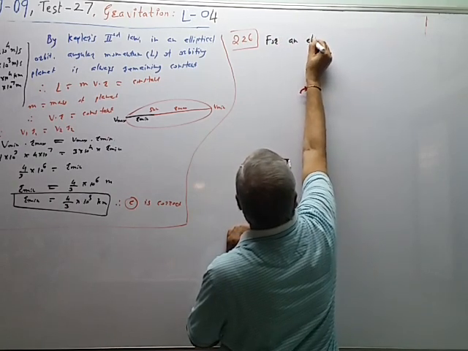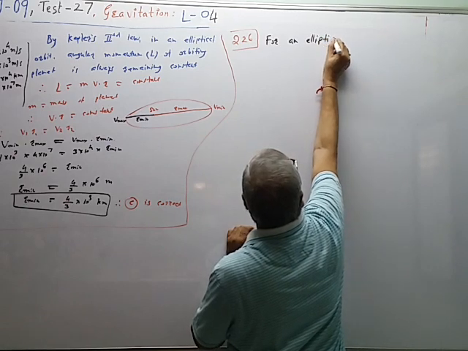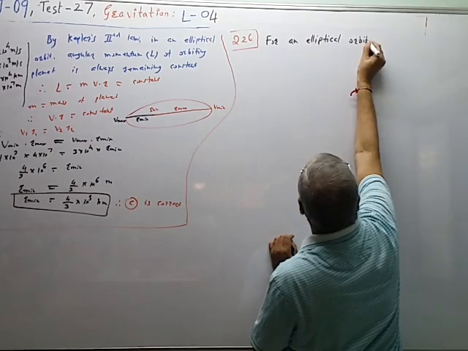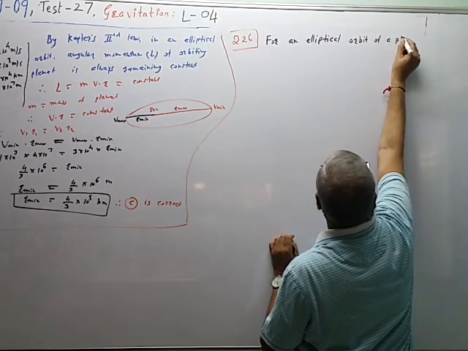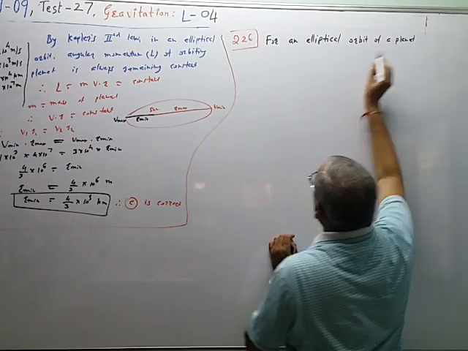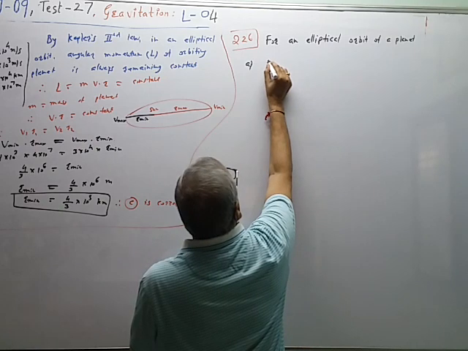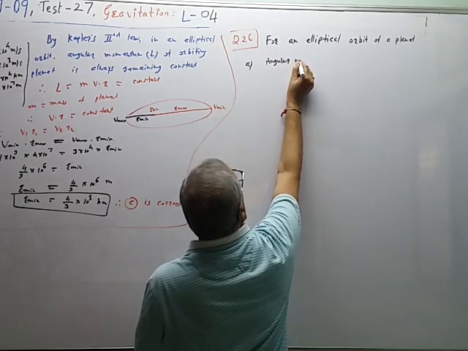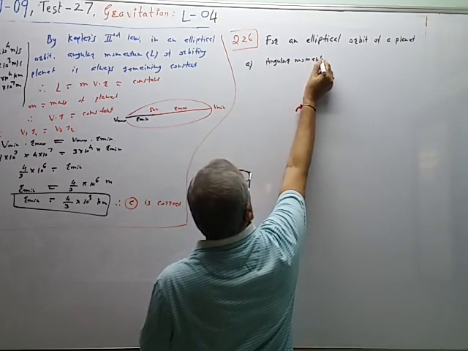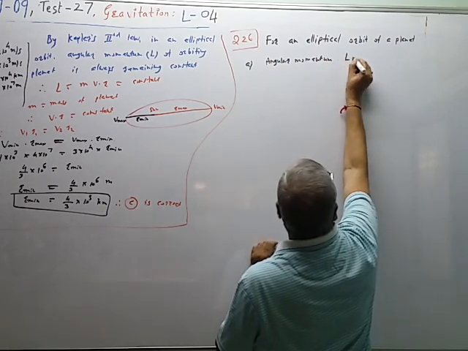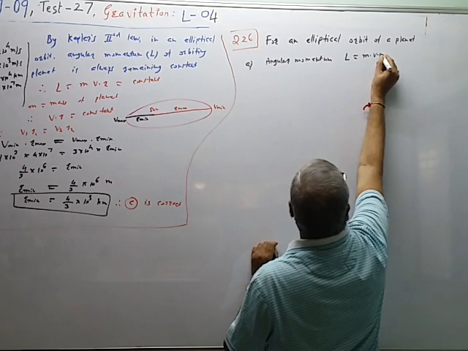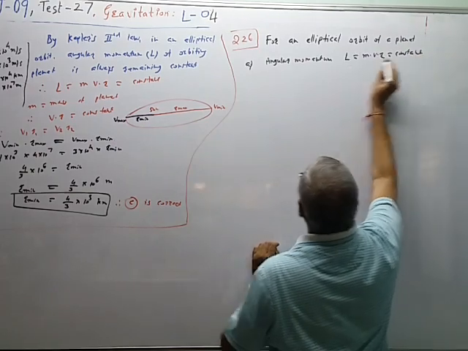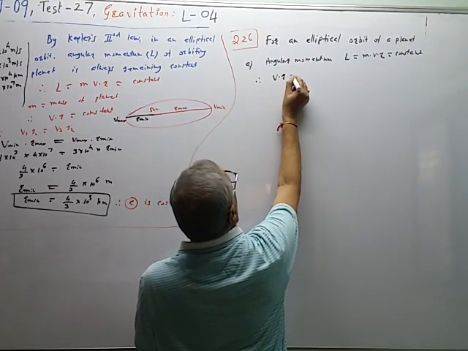For an elliptical orbit of a planet, A, angular momentum L is equal to m into v into r is equal to constant. Therefore, v into r is equal to constant. Same law.